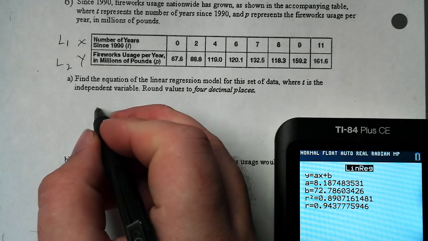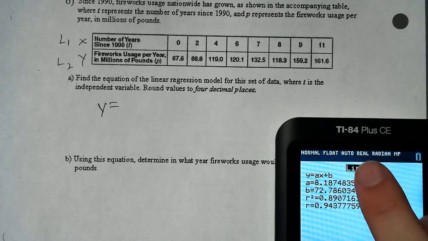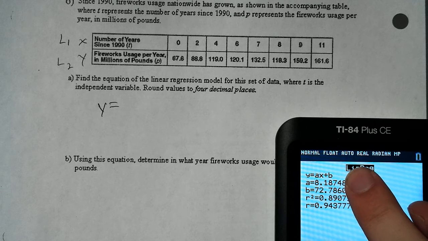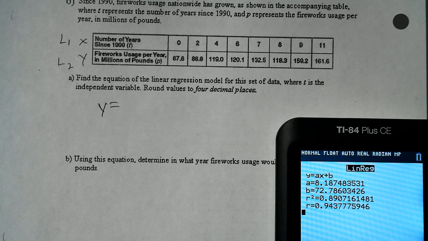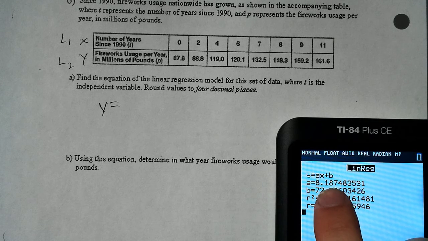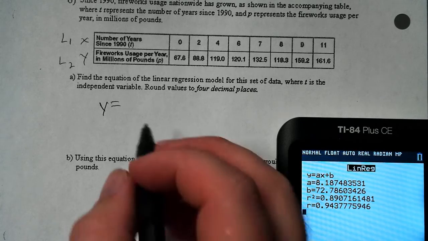So our equation is y equals ax plus b, and our a value is 8.1875, rounded to 4 decimal places.